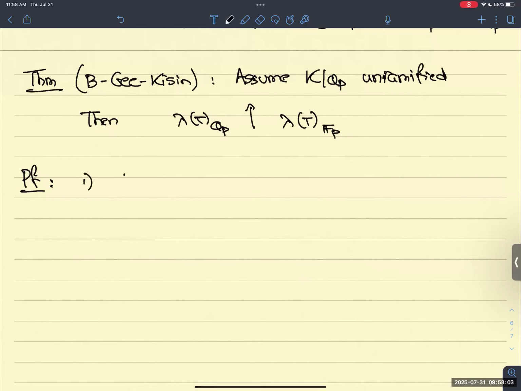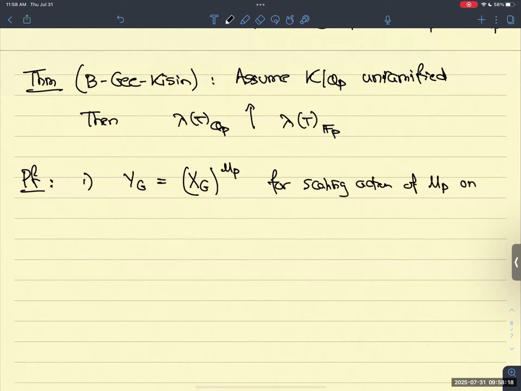So I'm going to let YG be the mu p fixed points of the space XG that I discussed before, for the scaling action of mu p on the variable u. So XG was parameterizing lattices over R power series in u, and u has a mu p action, which induces a mu p action on this space, and then you look at the fixed points.